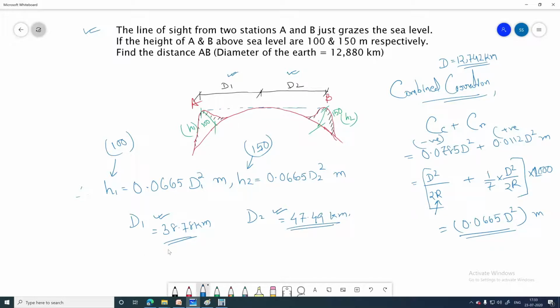Okay, now the total value, that is the distance between A to B, will be the summation of D1 plus D2. So the total value is 86.27 kilometer. Okay, so in this way we can determine the distance of AB. So very simple one.